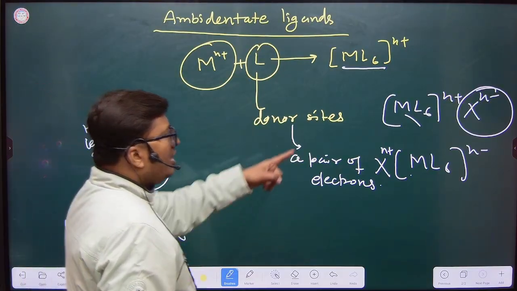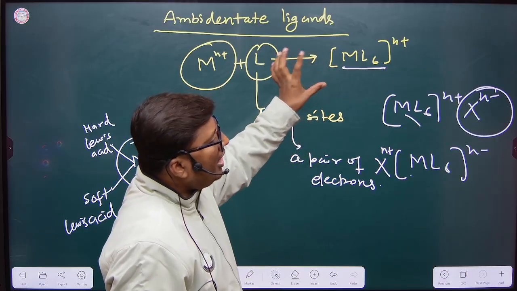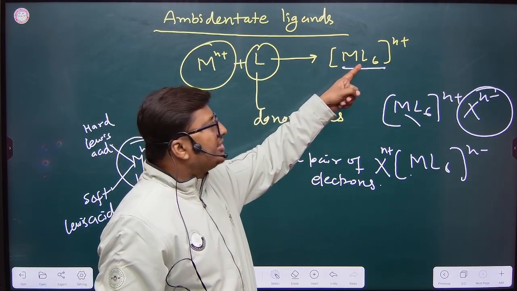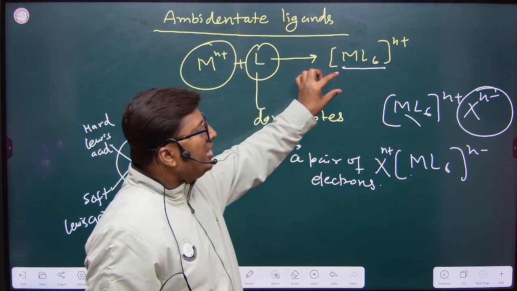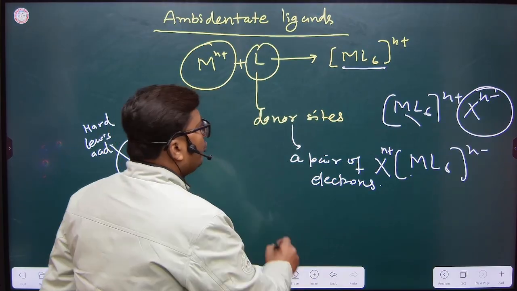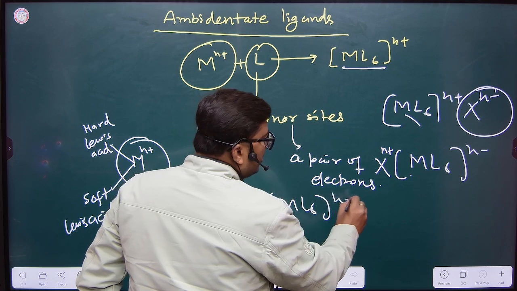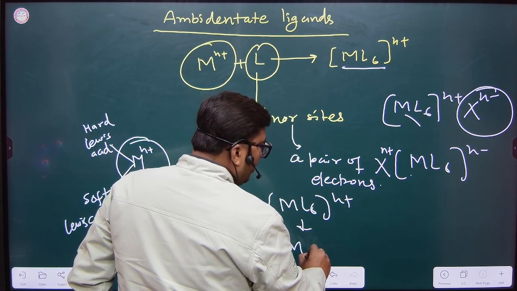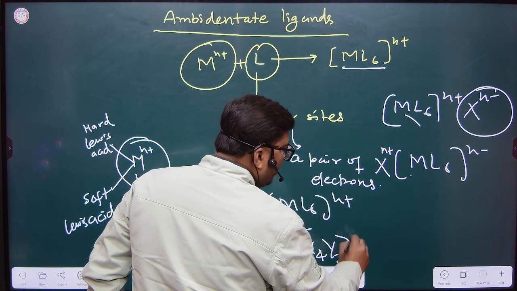This coordination sphere may be either homoleptic or heteroleptic. Homoleptic means all 6 ligands are the same, or there may be a different environment in the system. Suppose we have ML6 N plus, it may be MX4Y2 N plus.